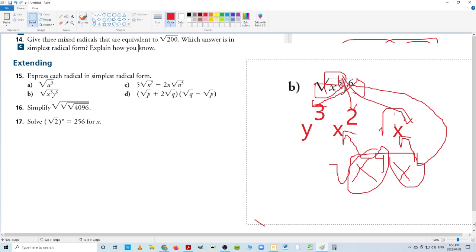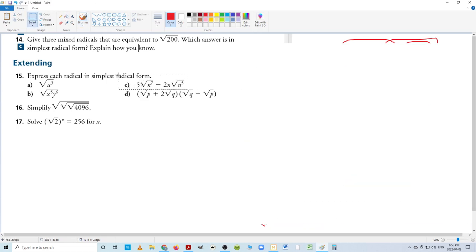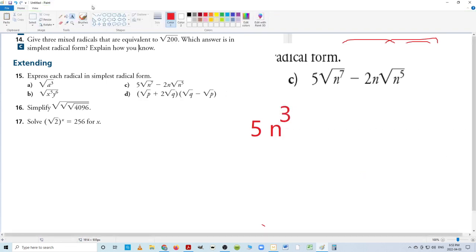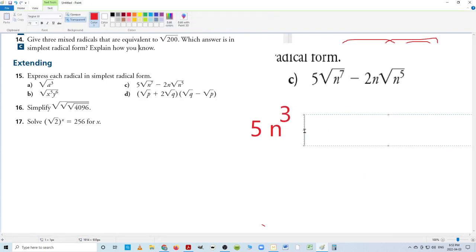Are they all going to be like this? Yeah. So now that we know a simple way of finding a square root with an odd function, this is simply going to be 5 times n to the 6 times n to the power of 1. N to the power of 6 has a square root of n to the 3. So it's always going to have this.